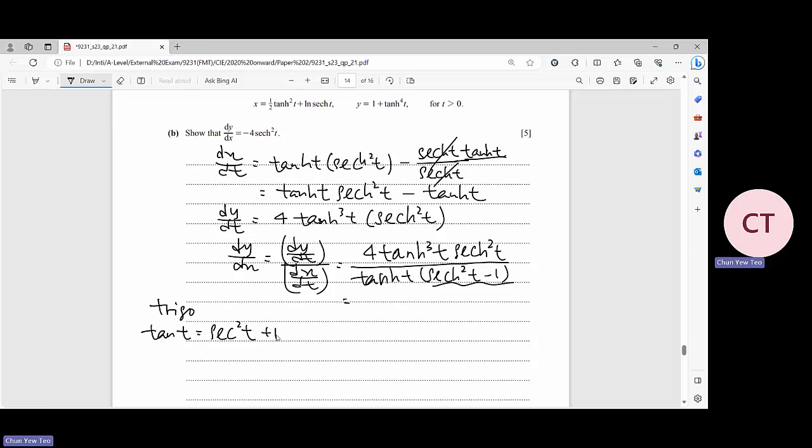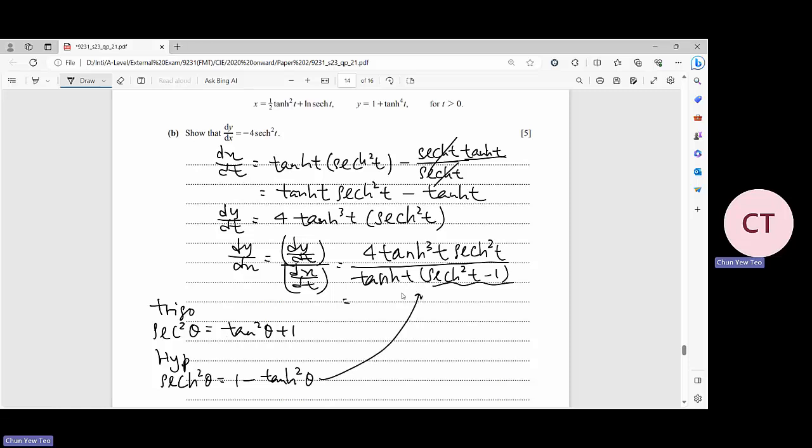In trigo, we have sec squared theta equal to tan squared theta plus 1. By applying Osborn's rule, if you go for hyperbolic, then you will get sech squared theta equal to 1 minus tanh squared theta.